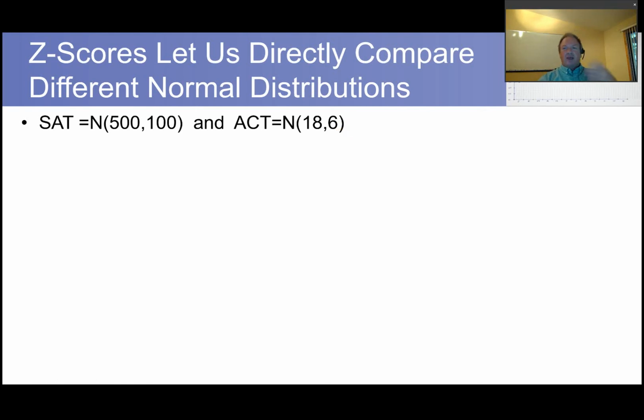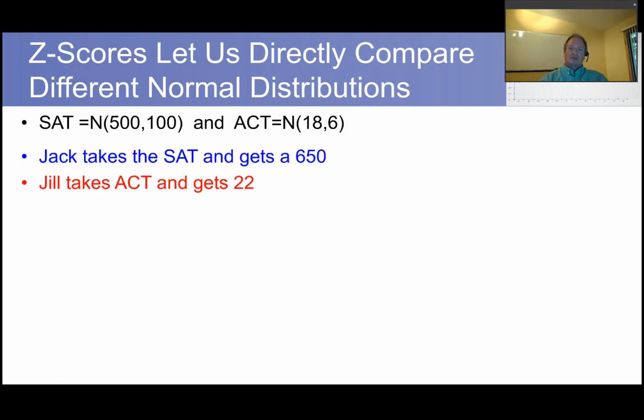Now let's suppose we come back to our buddies Jack and Jill. They're still competing, trying to get into college, and they're competing for admission to a specific college. So Jack takes the SATs and he gets a score of 650, and Jill takes the ACTs and gets a score of 22.